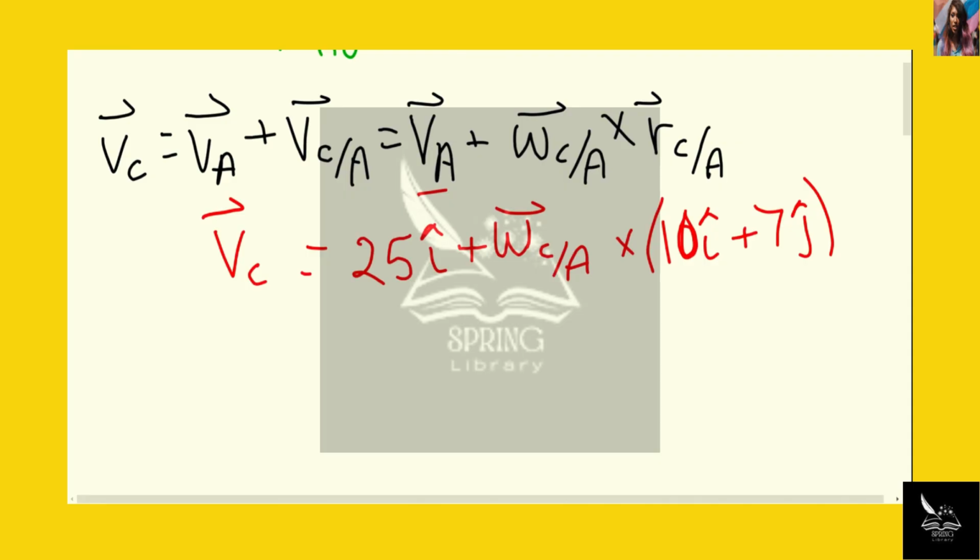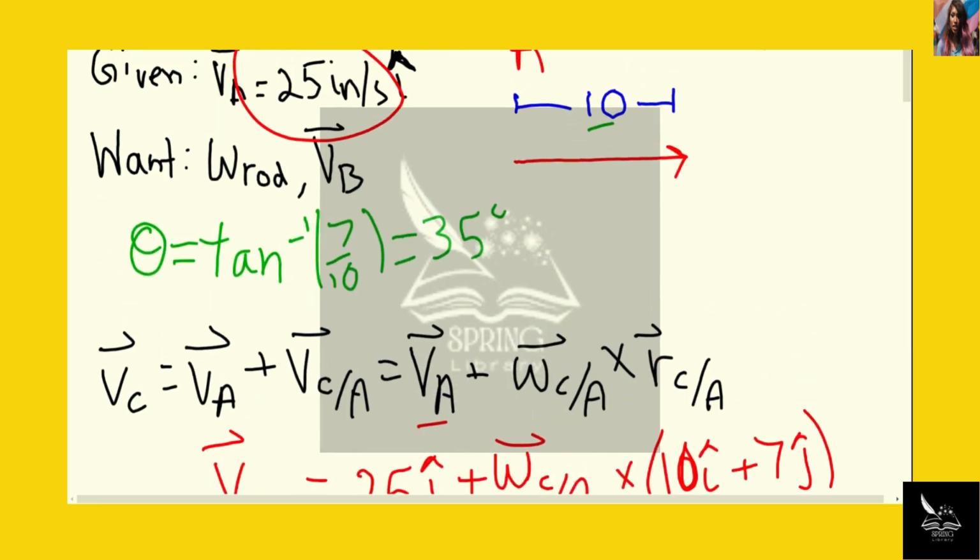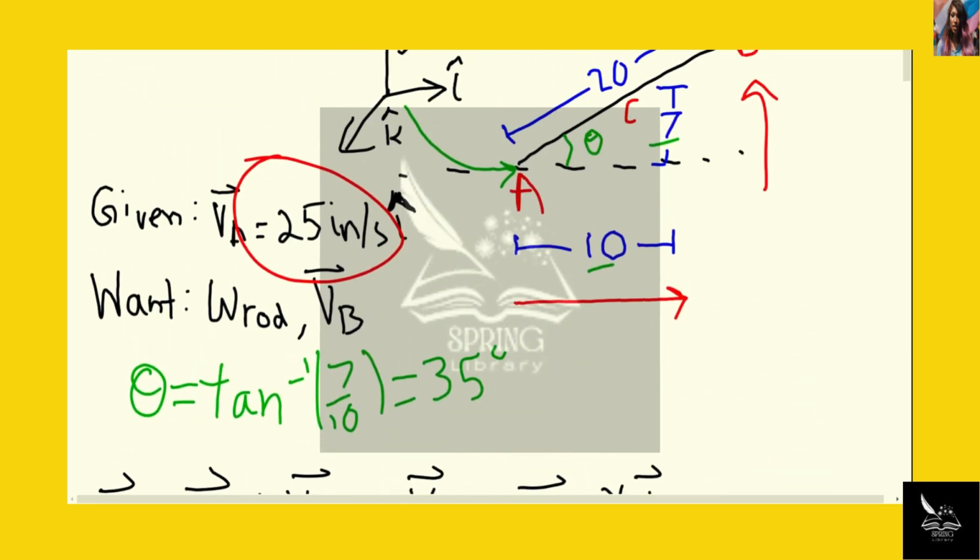Moving on, we can write VC and break it up into its components as well. As we look closer at the drawing, if I draw VC here on the side, the angle that VC has relative to the ground is also theta.